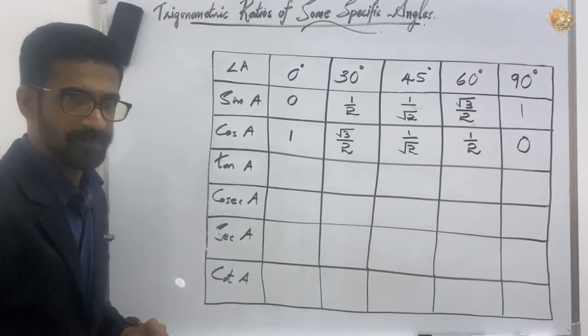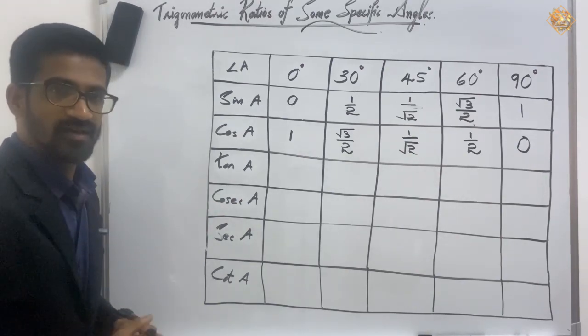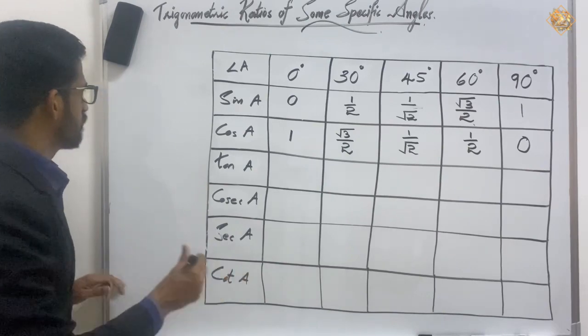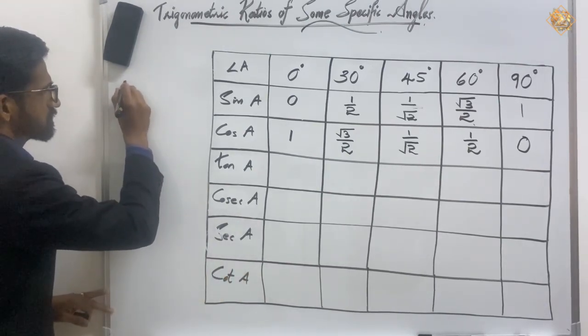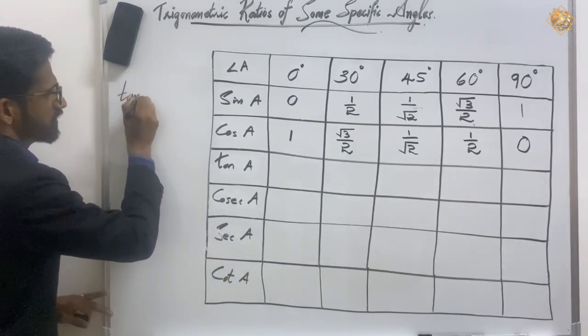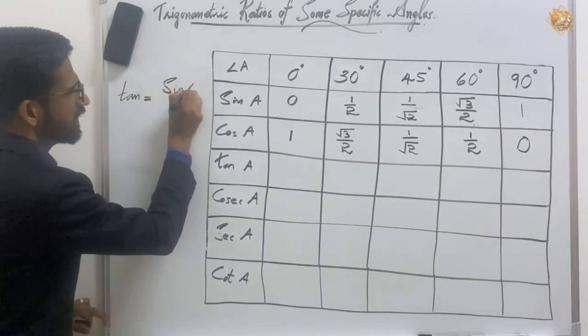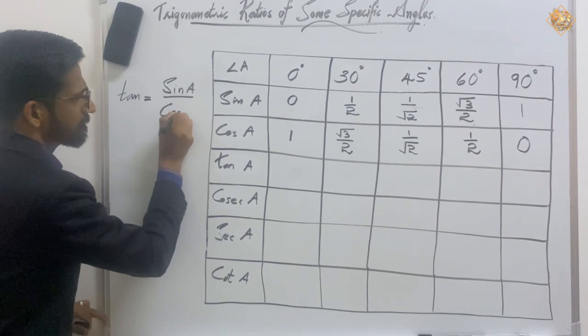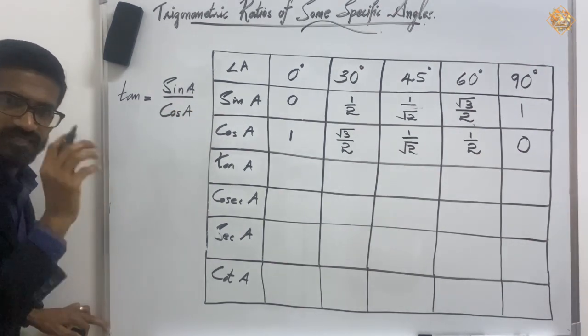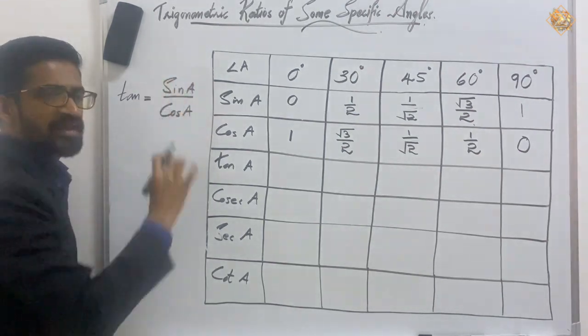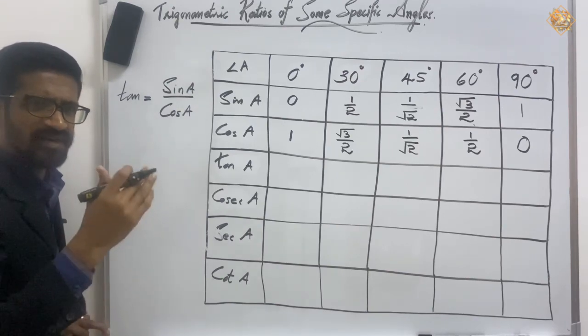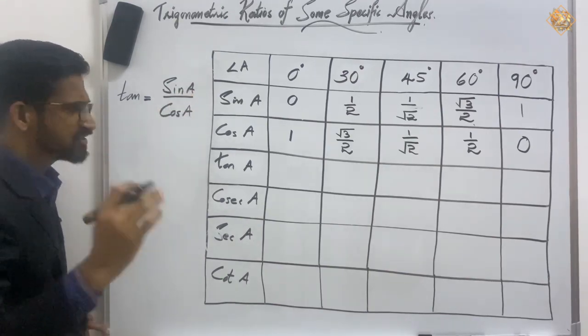Tan A. Students, just keep in mind that tan A we can write as sine A by cos A. How can we write tan as sine A by cos A? I'll show you.